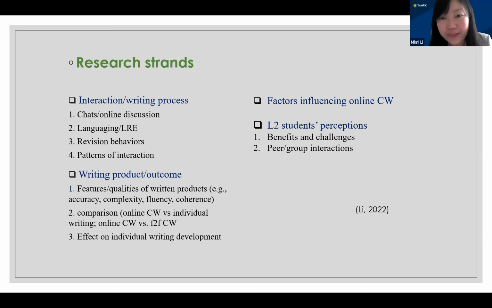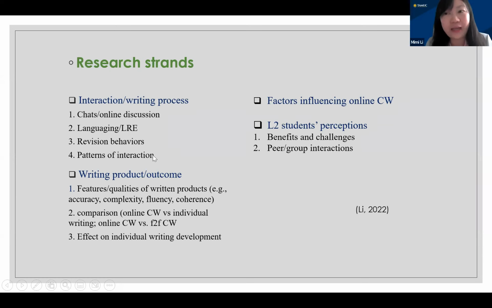Now, a few research strands are discussed, such as interaction, writing process, writing product and writing outcome, factors influencing online CW, and students' perceptions, such as the benefits and challenges and the peer group interactions, right? So, for example, in terms of the interaction and writing process, researchers discussed their discussion process, how they negotiate their languages, how they use language to solve problems, the revealing behaviors, and particularly the pattern of interaction.